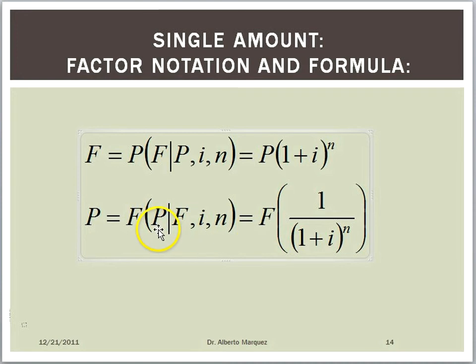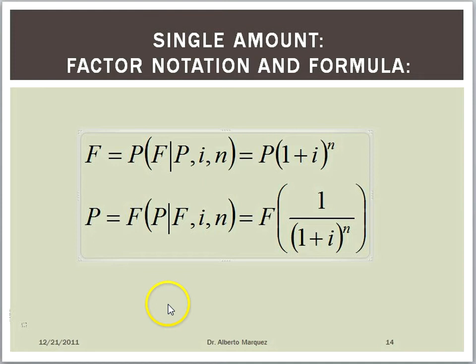That is, the factor allows us to find the present value if we knew the future value, i, and n. Now those are just factors. We still need to multiply them by either the future value or the present value. And those are the formulas that we will be using.